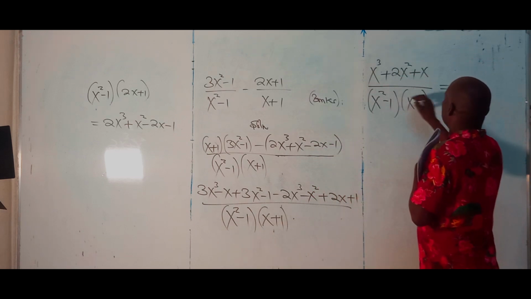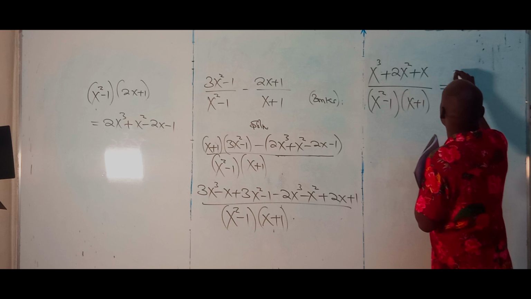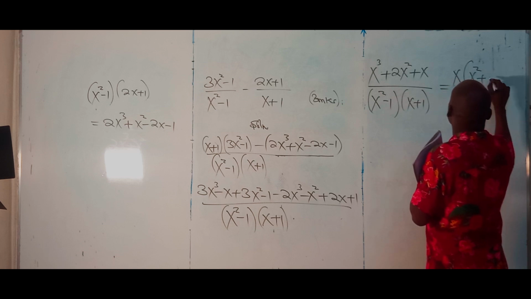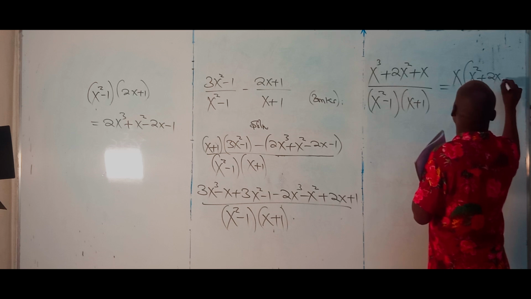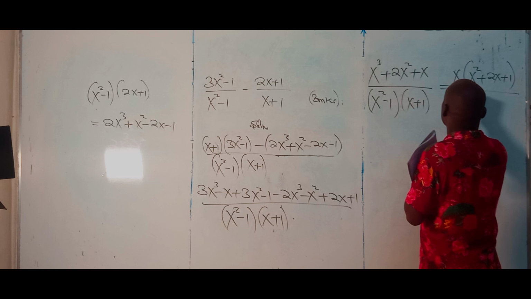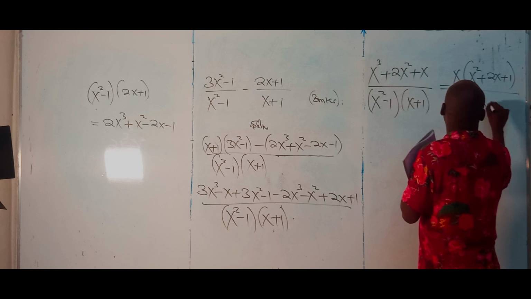I can simplify this further by factorizing x, so that I have x squared plus 2x plus 1, all over x squared minus 1, x plus 1.